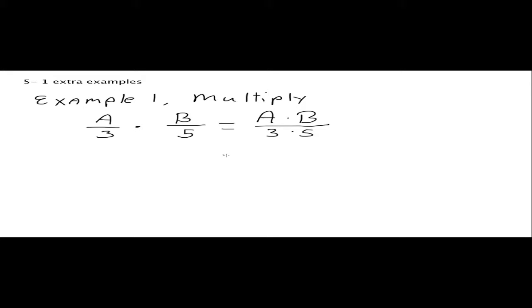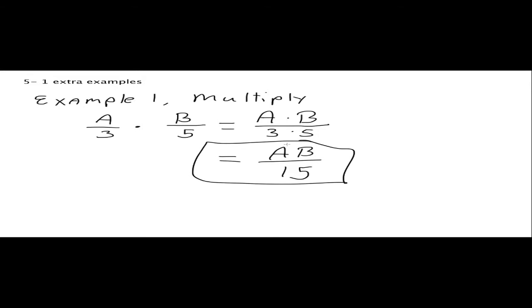And well, I can go ahead and simplify that, and since we don't typically put the multiplication symbol between letters, we simply would write AB over 3 times 5 is 15, and there is your multiplication right there. That's example 1.